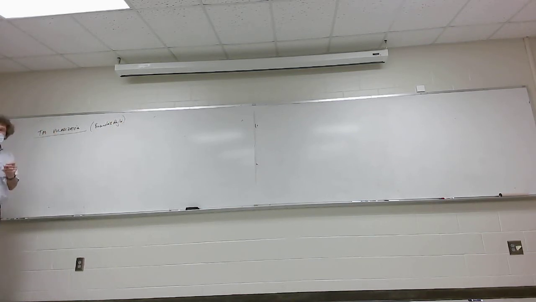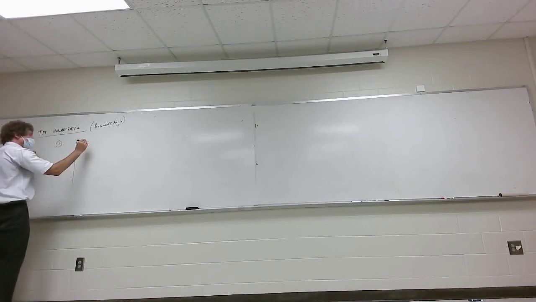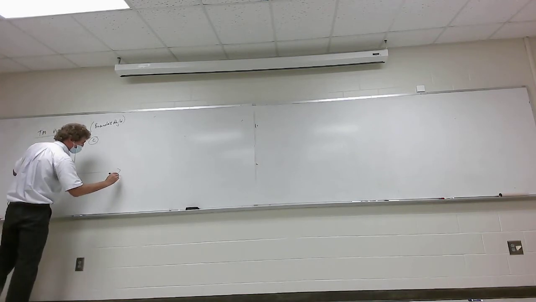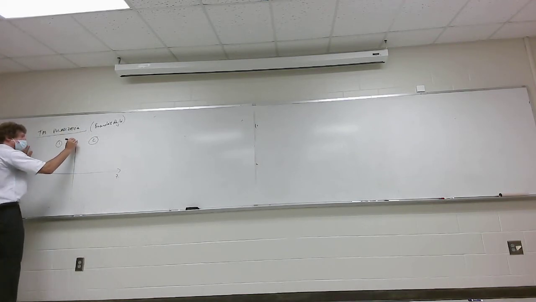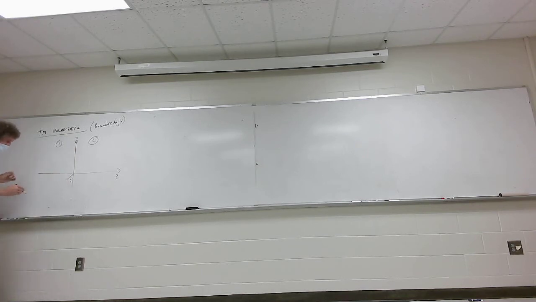So when we do TM polarization, if this is region 1 and this is region 2, here's the z-axis. I try to be consistent with Whitworth's book, X and then Y's out of the board like this. We're going to have a wave coming in at a certain angle, but this time the magnetic field will be perpendicular. Y'all follow me?